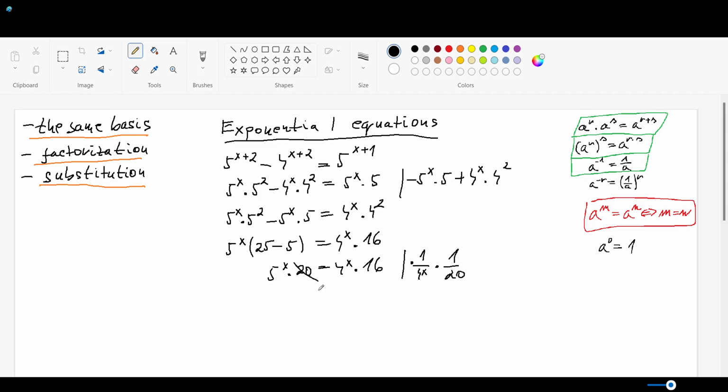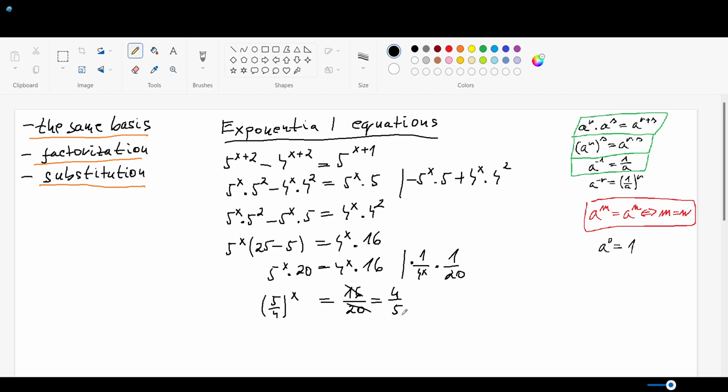So that I will get rid of 20 on the left side and 4 to the power of x on the right side. So my equation will now become 5 over 4 to the power of x is equal to 16 over 20. As you can see, this fraction can be simplified, numerator and denominator divided by 4, and it will become the fraction 4 over 5.